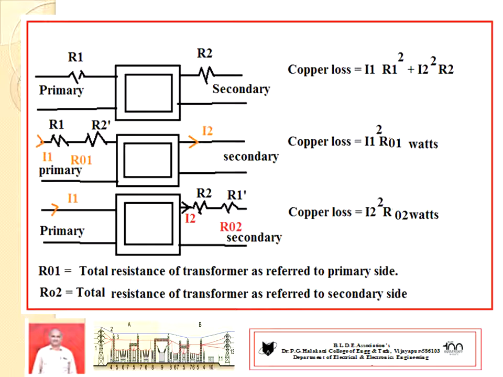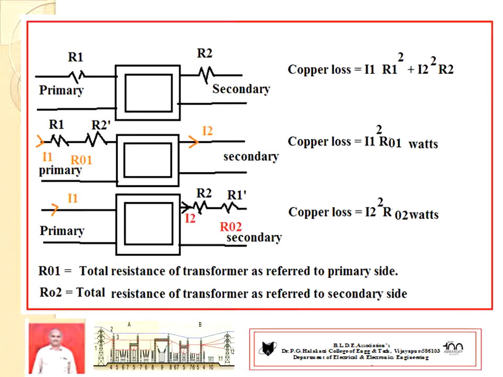In the second diagram you see R1 is the resistance of the primary winding and R2 is converted to the primary side. By using the transformation ratio, it is possible to shift the secondary value to the primary side, so it becomes R2 dash. R2 dash is the secondary winding resistance referred to the primary side. Now both R1 and R2 dash are in series.